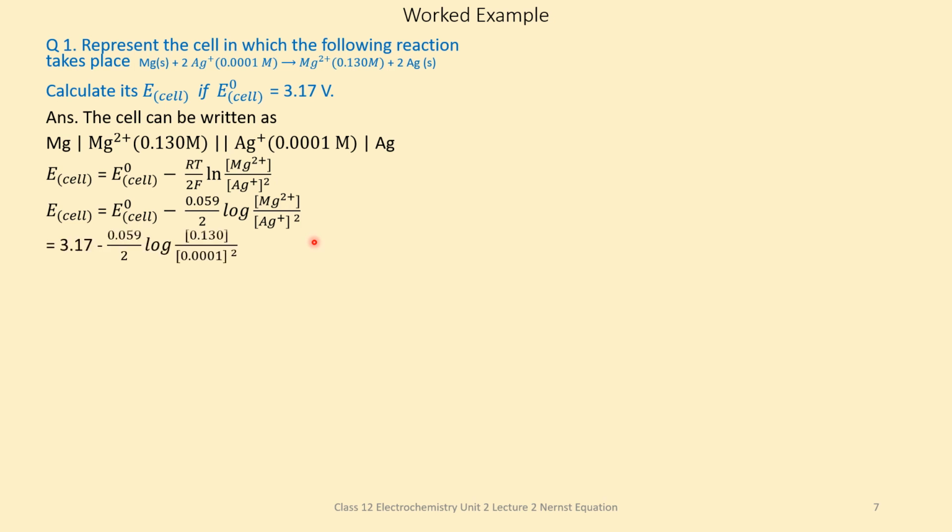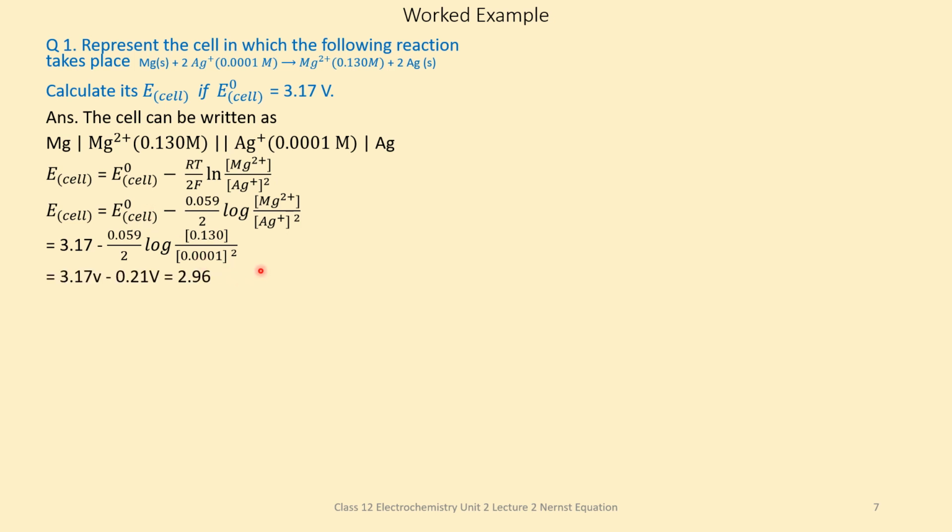Substituting the values of concentration, we can write E naught cell is equal to 3.17, it is given, minus 0.0592 into log to base 10 of Mg2+. The concentration of Mg2+ is given as 0.130 M, so it is written in the numerator 0.130 divided by the concentration of Ag+, which is 0.0001 to the power of 2, because two ions of Ag are involved in the reaction.